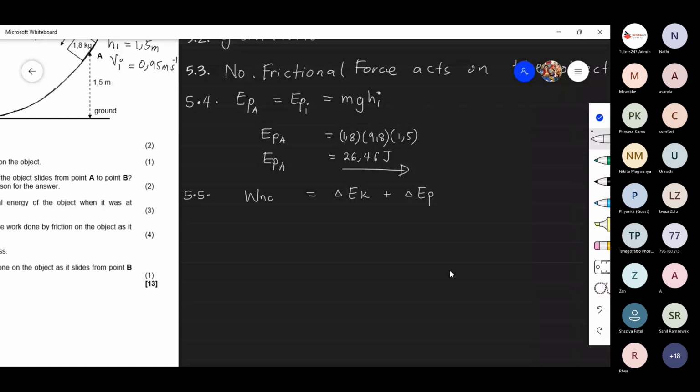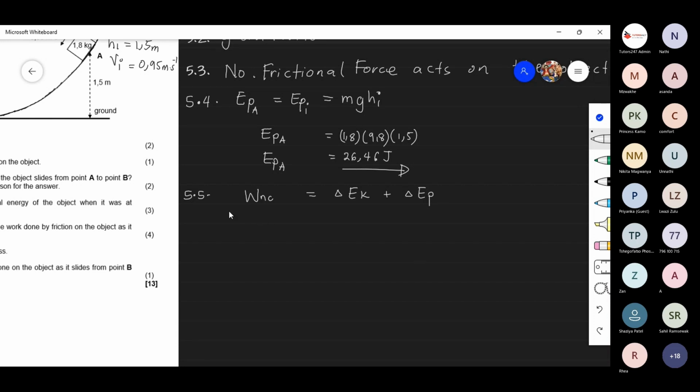Instead of representing it in its most simplified factorized form, I'm going to represent it as the final potential energy minus the initial potential energy, because I already have the initial potential energy and I just want to substitute that value. I don't want to have to recalculate it, okay?